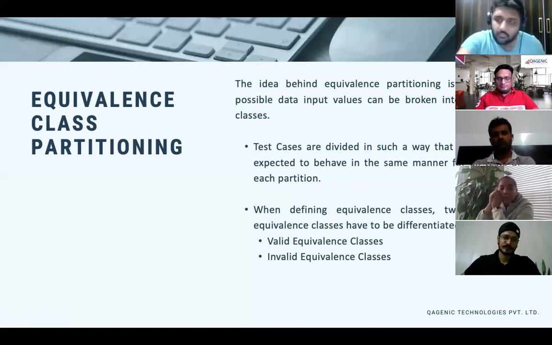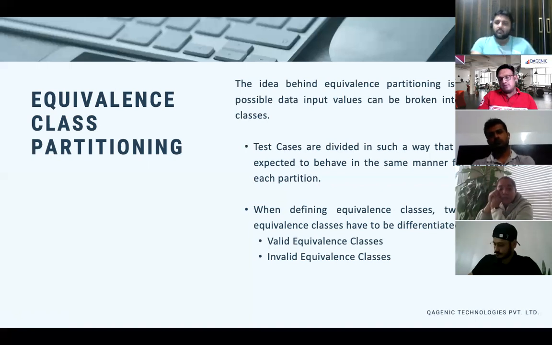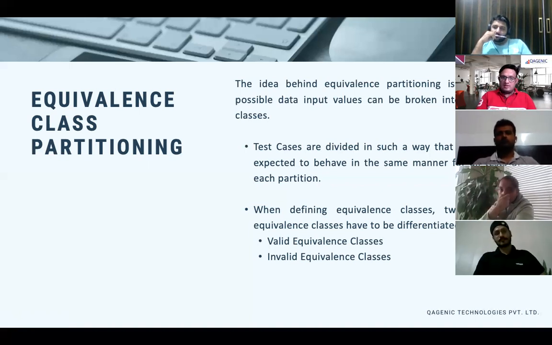So Akhil, in the invalid equivalence class, can we do the testing on -3, -2, -1 or something on the numbers? If your field has a lower bound of 1, you definitely can do. You have to do. In our case we took this age field which had a lower bound of 18.